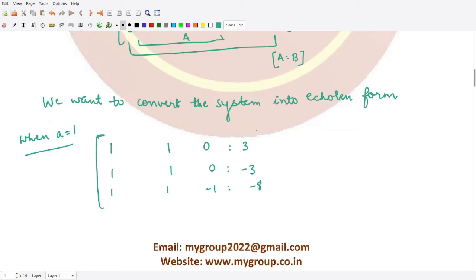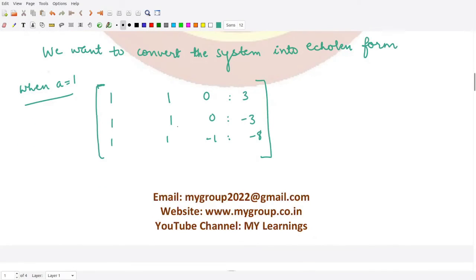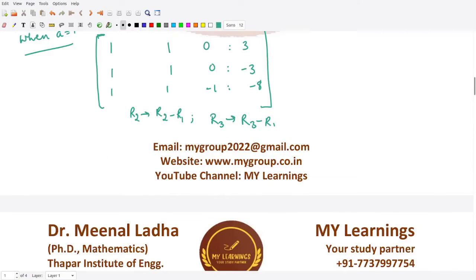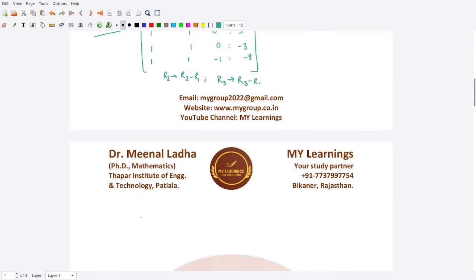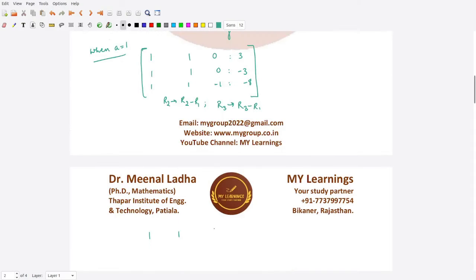So this is the given matrix. For this matrix, we want to convert it into the corresponding echelon form. We'll apply the row operation R2 minus R1 on R2, and R3 minus R1 on R3. Simple as that. So the first row stays as such: 1 1 0 and 3.